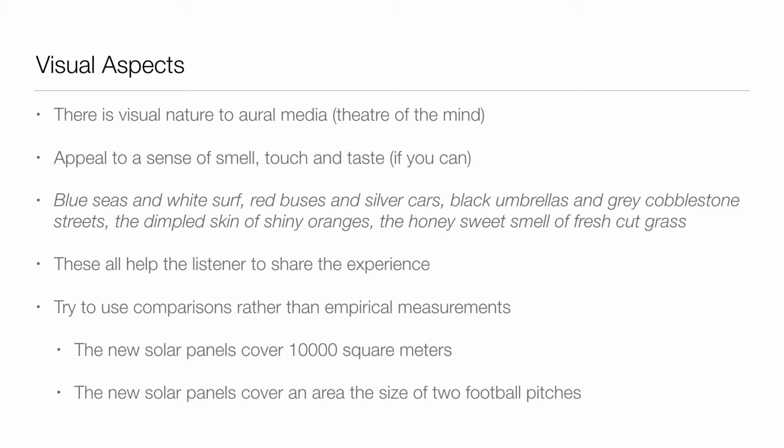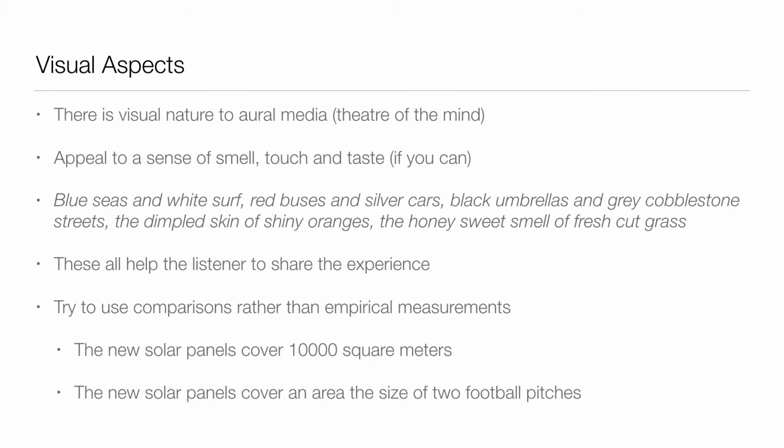And adjectives are brilliant here. Blue seas and white surf, red buses and silver cars, black umbrellas and grey cobblestone streets, and the dimpled skin of shiny oranges, and the honey sweet smell of fresh cut grass. They're just relatively simple sentences, but hopefully you're picturing things in your mind as I say them.